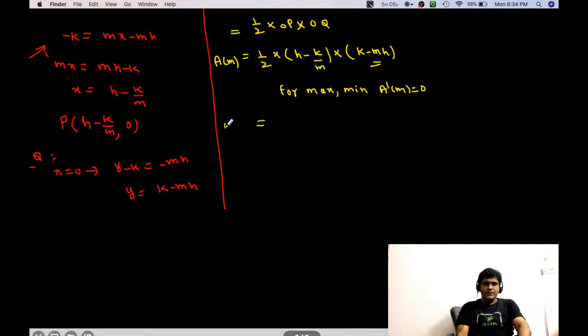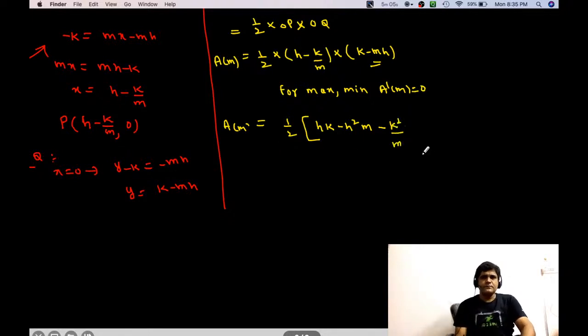A of m is equal to 1 by 2 times (hk minus h square m minus k square by m minus k square by m plus hk).